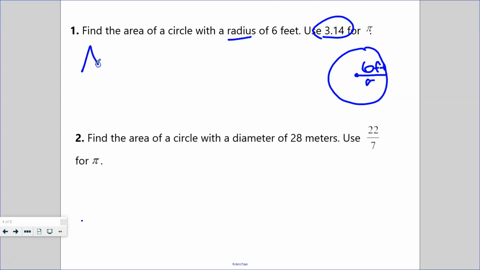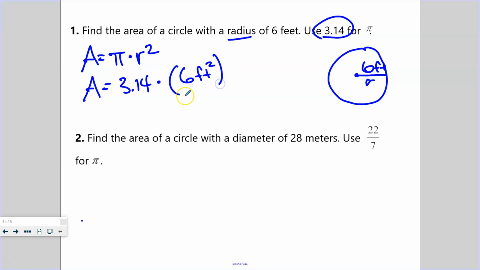And so we say area equals pi times r squared. Area equals 3.14 times, again, exponents come before multiplication, so we have to do this first, 6 feet squared. Actually, you know what? I shouldn't put that there. I should put it right out here, so it applies to both the 6 and the feet, squared, right?